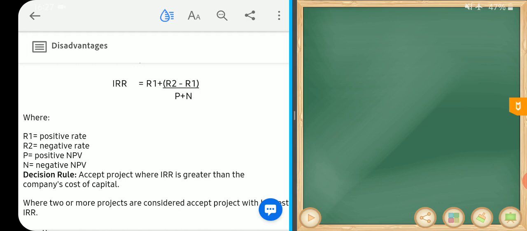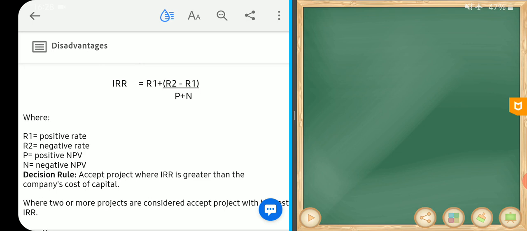Now, when we say positive rate and negative rate, remember in the previous one I told us that when you are calculating your NPV, once you get a negative value, you are not to accept the project. But when you get a positive value, you are to accept the project. Now, the higher your discount rate, the more tendency for you to have a negative value. So if the question gave you 10% as the discount rate, and said you should find the IRR, you use 10% to calculate your NPV, because in IRR we are going to calculate NPV.